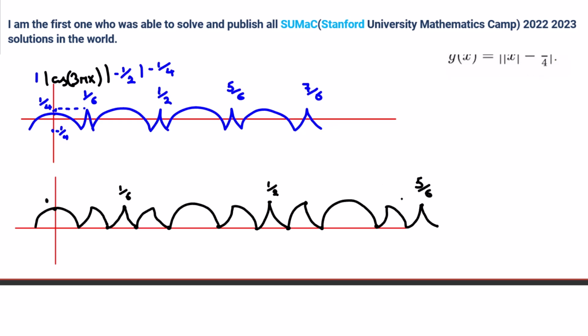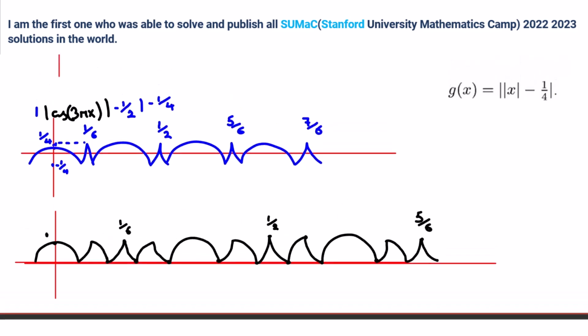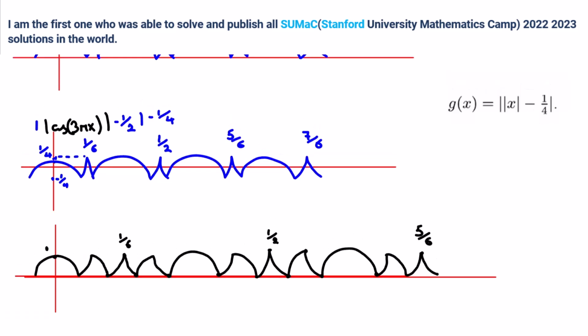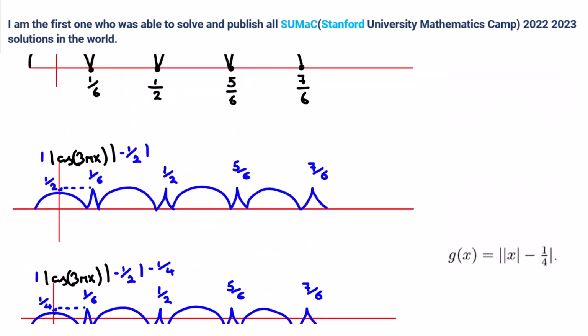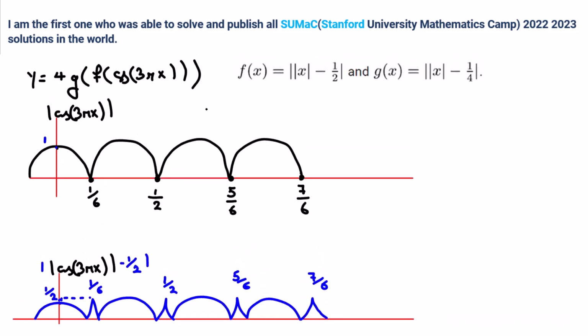Where is 1, if you want to find 1? It's at the center of the hump part, the round part, the middle of the round. So let's consider from here. Cosine of 3 pi is what if x is 1? Cosine of 3 pi is just -1, so it is here, right?